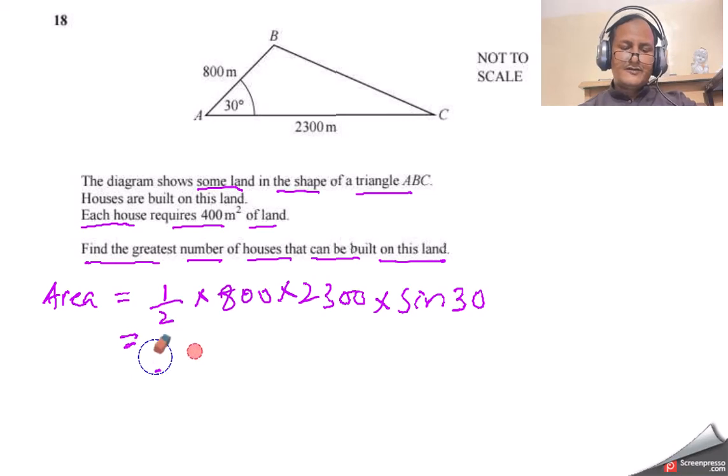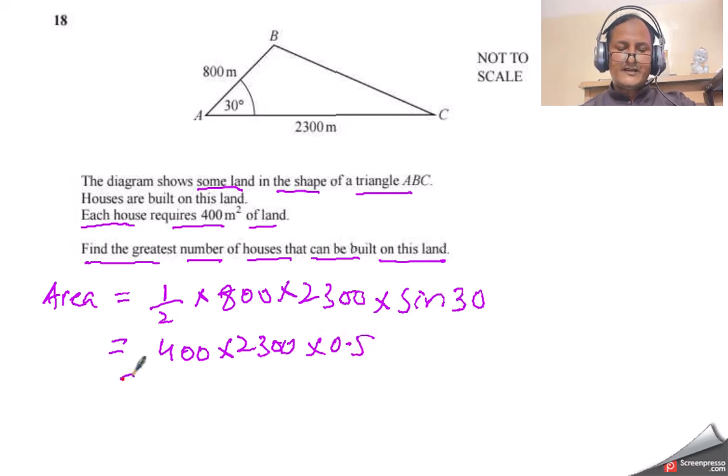Now we have 1 by 2 times 800, and 800 divided by 2 is 400, times 2300, times sine 30 which is 0.5. Again we have 200 times 2300, and we're supposed to find the area.